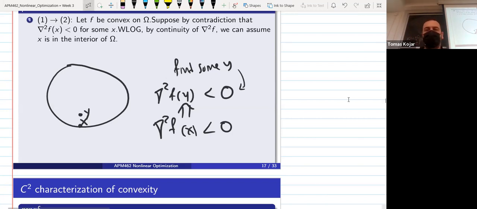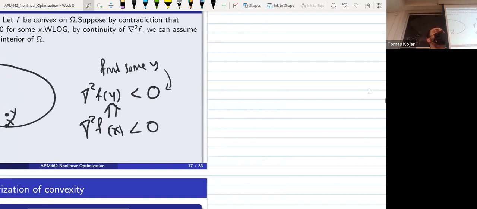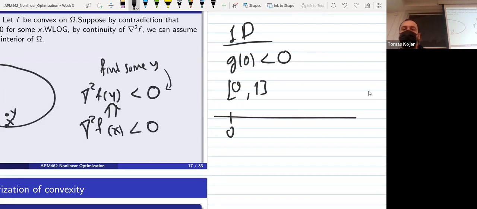Okay, let me state it in another way. Let's go back to one dimension, okay? Because we're going to do this argument, so I want to make sure people understand. Here's my question. Suppose that g of x is negative, and let me call it a, all right? And this is the interval ab. Well, even easier, 0, 1.